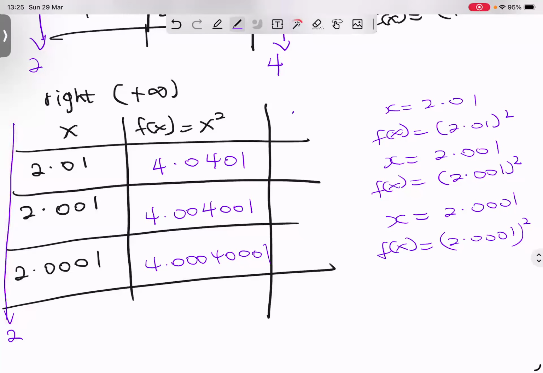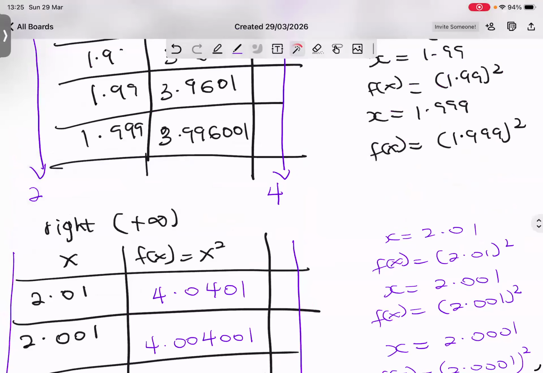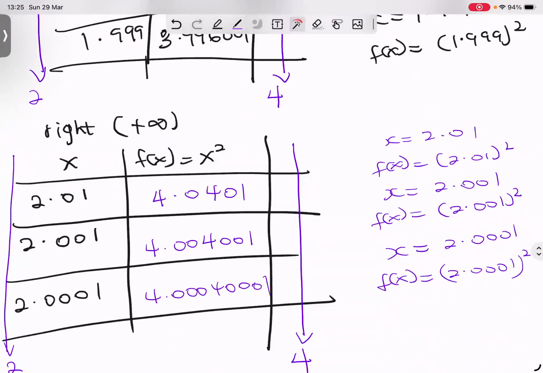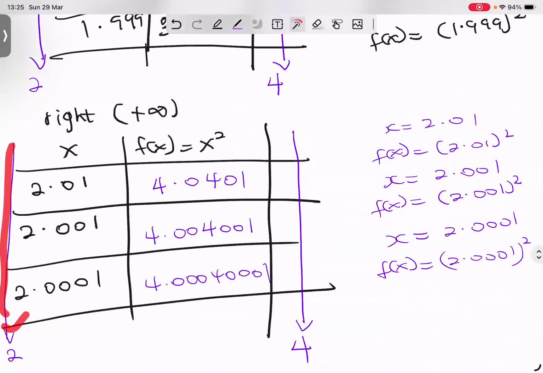We also notice that f of x is approaching 4. So let's put the two tables together. As x is approaching 2 from the left-hand side, the value of f of x is approaching 4. And as x is approaching 2 from the right-hand side, f of x is also approaching 4.